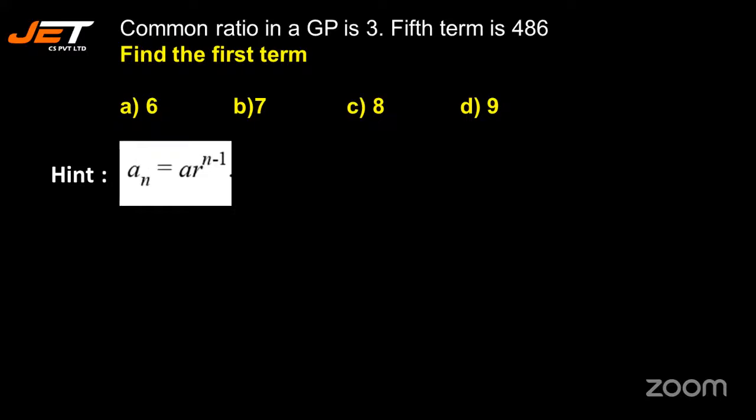All right, now with this note, let's move on to the next sum. Here we have the common ratio. Now find the first term. The common ratio in a GP is 3. The fifth term is 486.